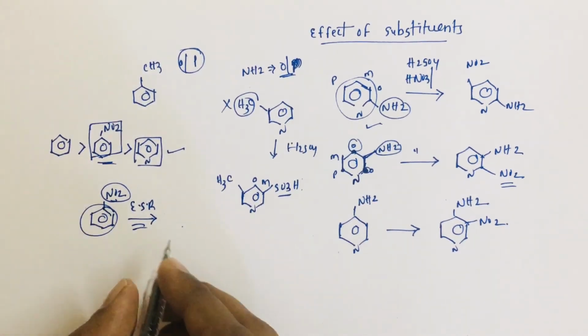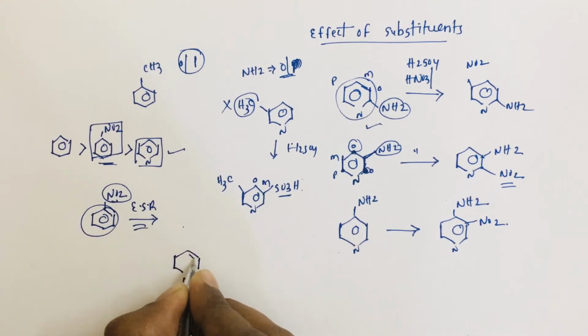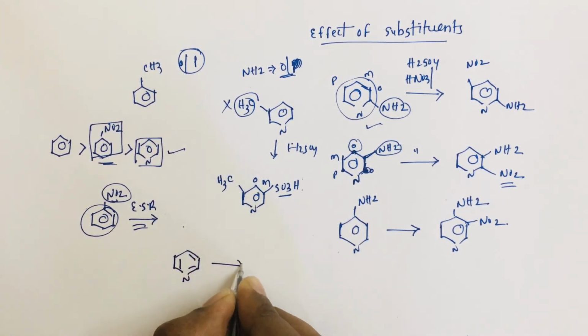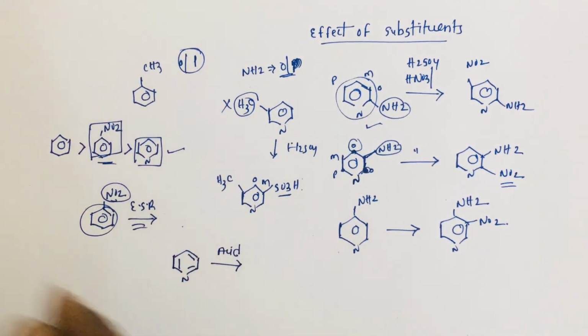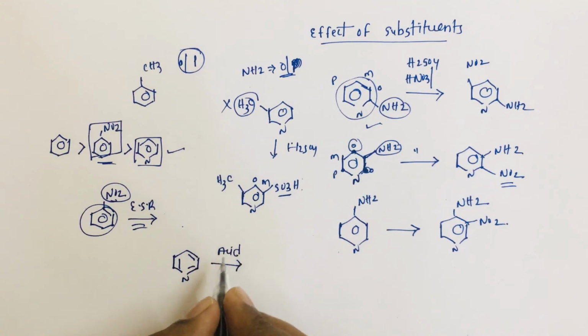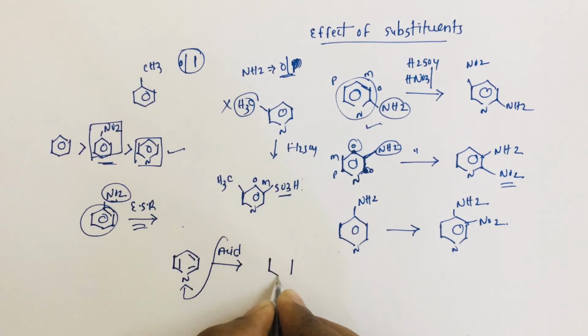And when we are doing pyridine reactions, in those cases we can't use an acid catalyst. Why can't we use an acid catalyst? If we use an acid catalyst, the H plus goes and binds to this nitrogen, and now it becomes NH plus.